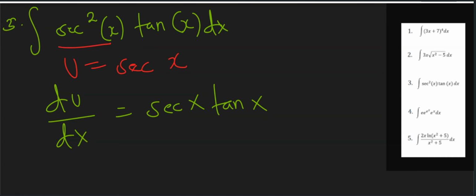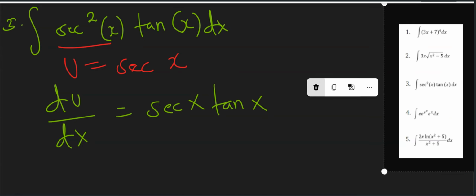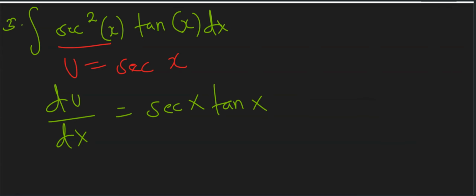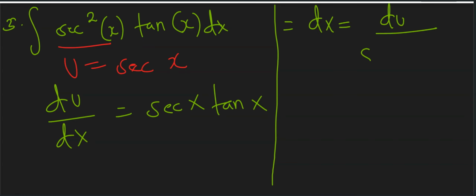Let me remove this photo, I don't need it now because I want to do the other examples. Feel free to pause the video and do them and try to see if you've understood anything. So this therefore means that dx is given by du over sec x tan x.